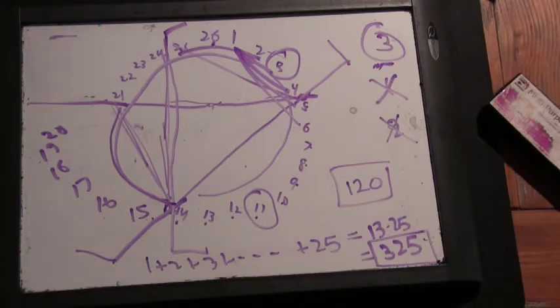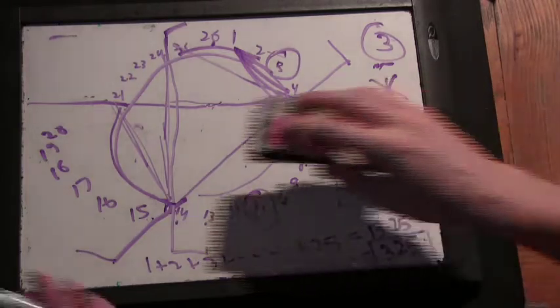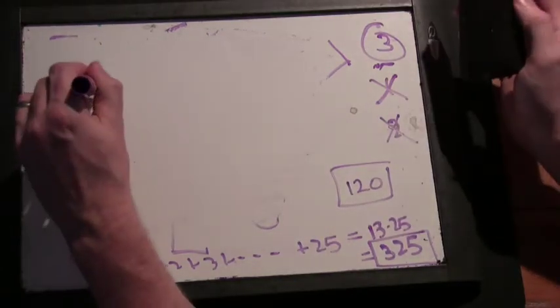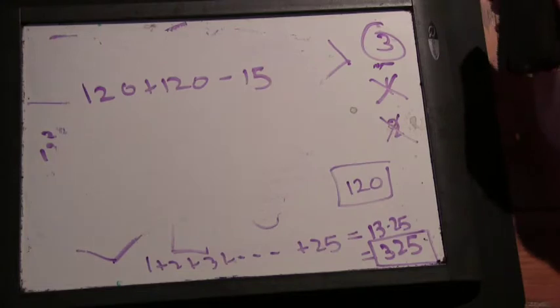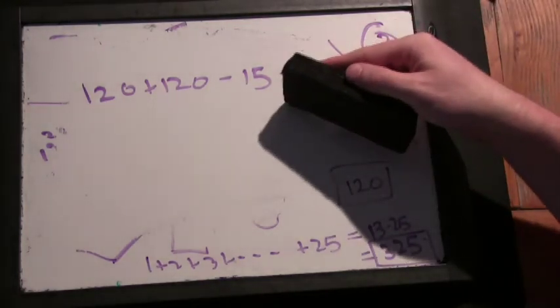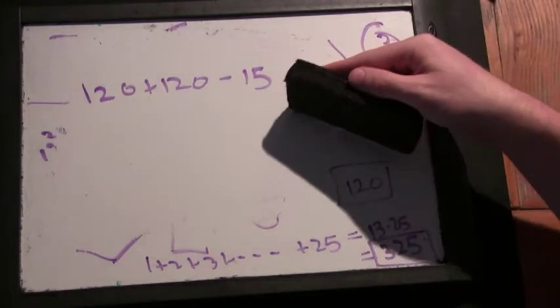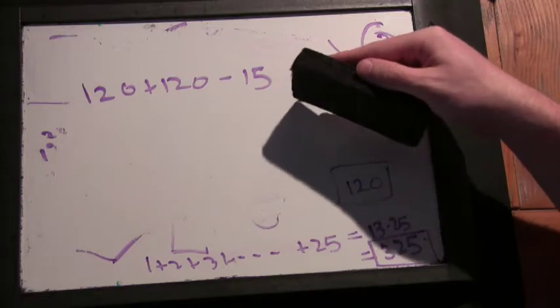How many lines are there with 6 people? 15 lines. That's right. So when I add 2 groups of 16 together, I get 120 plus 120 minus 15. I might have more overlap, but at least I subtract away 15.